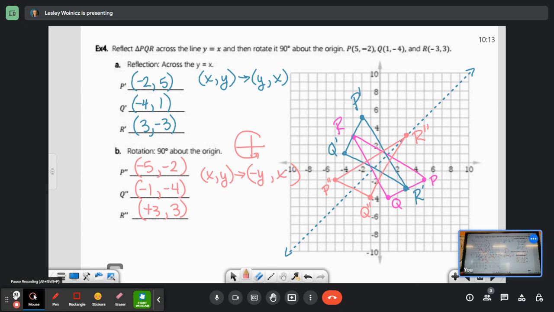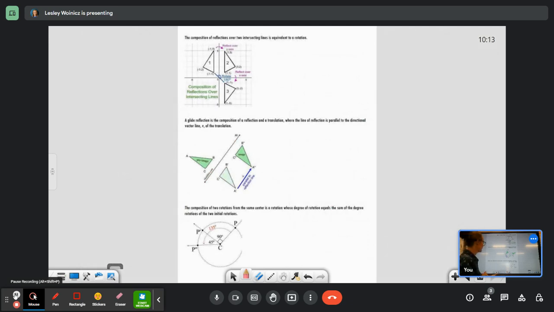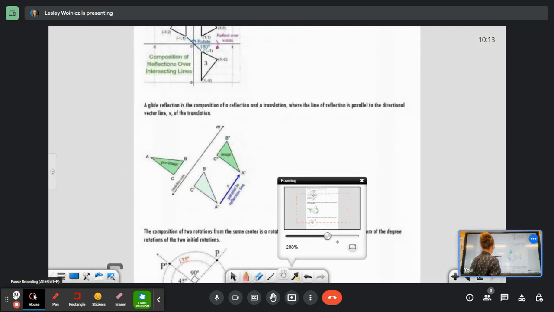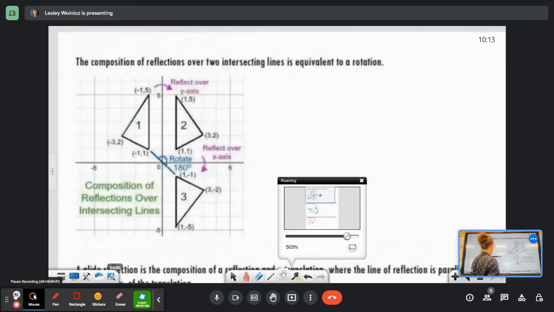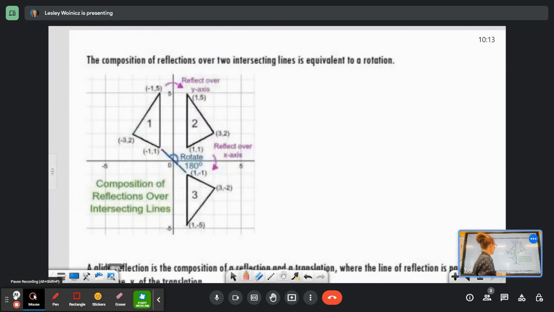Okay. I don't know if you're like a memorizer, you might want to memorize these. I'm not a memorizer. I'm kind of a draw a picture and figure it out kind of a person.